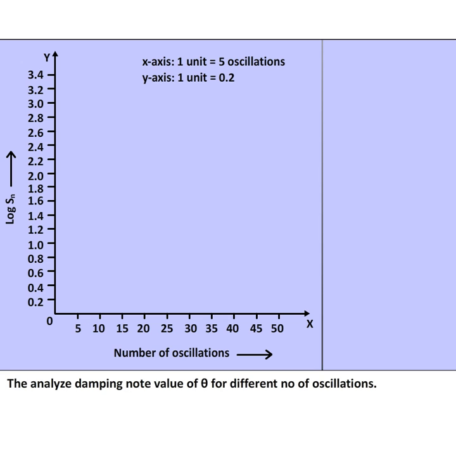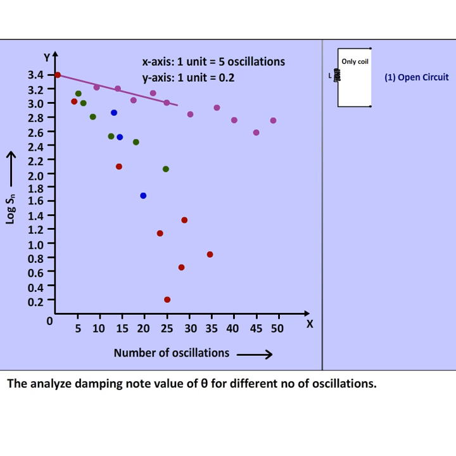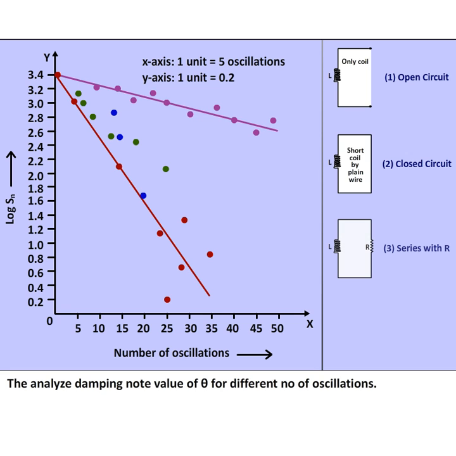This part includes analysis of electromagnetic damping. The damping will be measured for 4 different circuits. Number 1, open circuit, where only the coil is used. Number 2, short circuit, where the terminals of the coil are shorted by a plain wire.